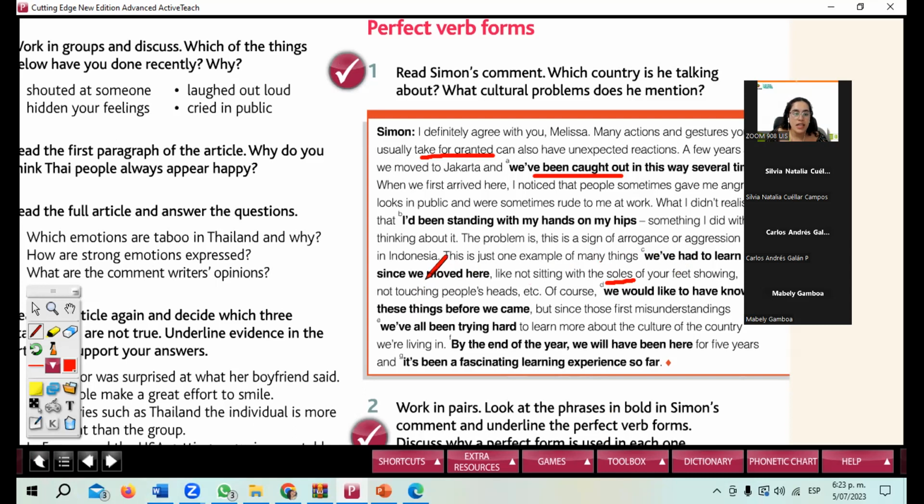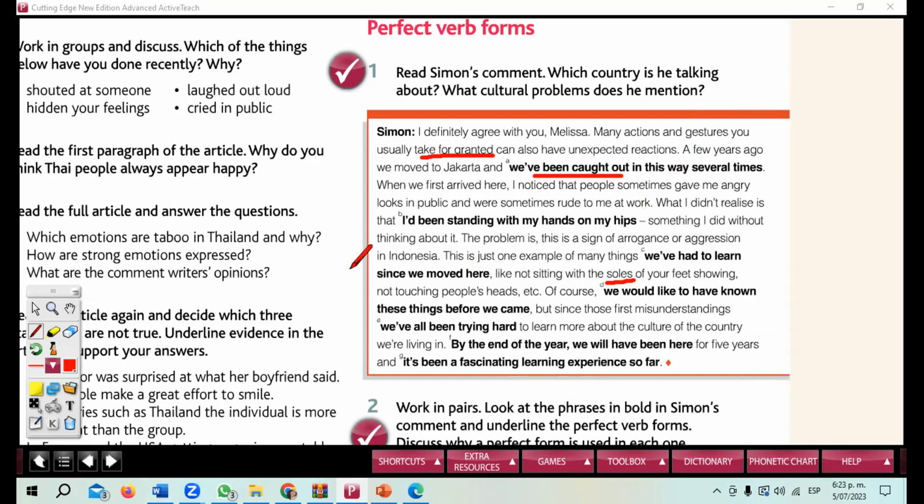Also, another thing that they had to do was not touch people's heads. This is also not well received, etc. Of course, we would like to have known these things before we came to Indonesia, but since those first misunderstandings, we have all been trying hard to learn more about the culture of the country we are living in.